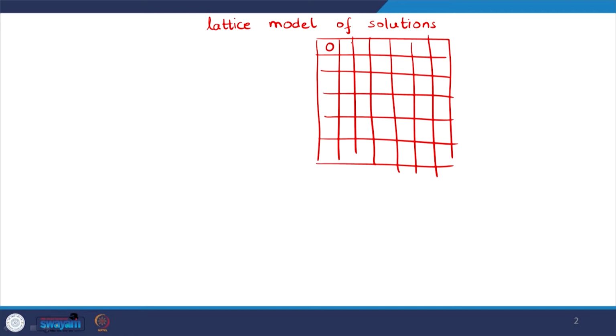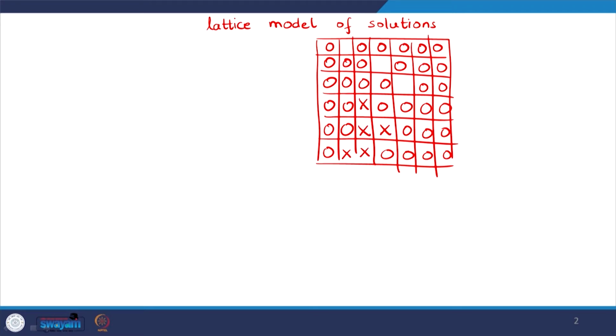So we can have solvent molecules, depending on the number of solvents, they will occupy so many sites or cells in the lattice, and the remaining positions will be occupied by the solute molecules.